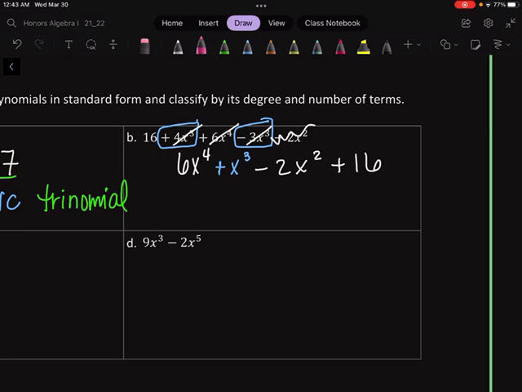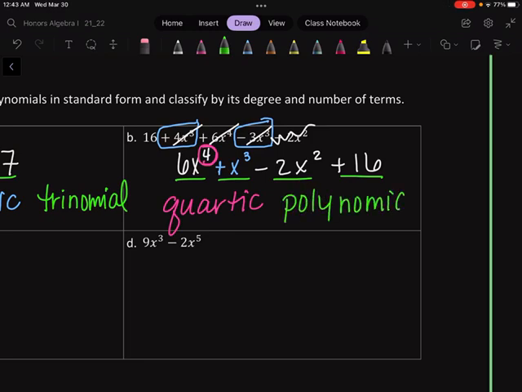The highest degree, now that we're in standard form, is 4. So that is a quartic. And then we have 1, 2, 3, 4 terms. So I can't do mono, bi, or tri. So we would have a quartic polynomial.